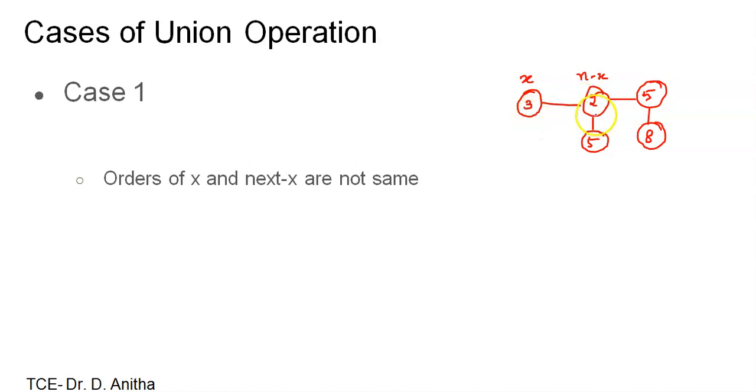This is 0 degree, but this is 1 degree. So what should be done? Should I do some union? No, you need not perform anything. Please simply move ahead. So I'll be moving now. This is x and this is next x.